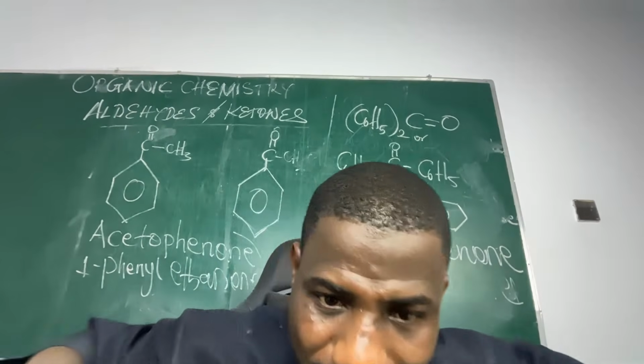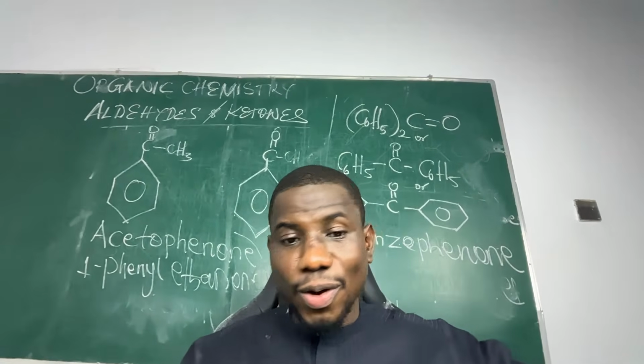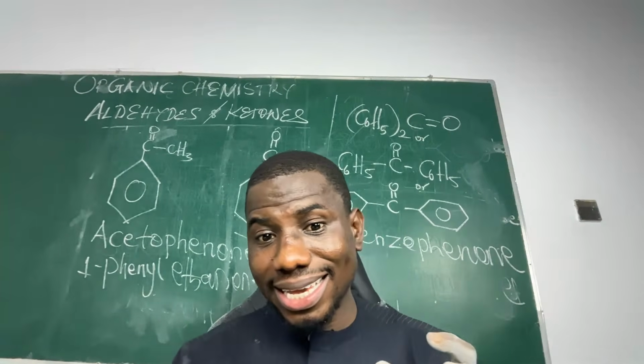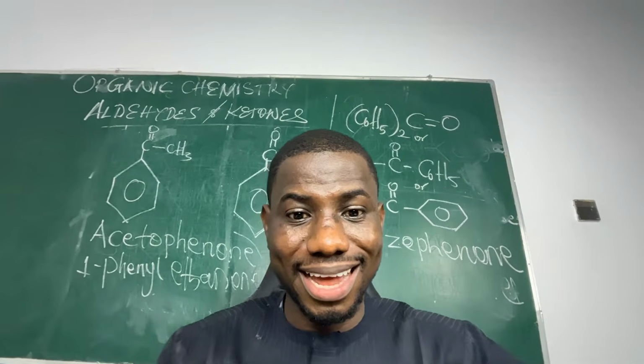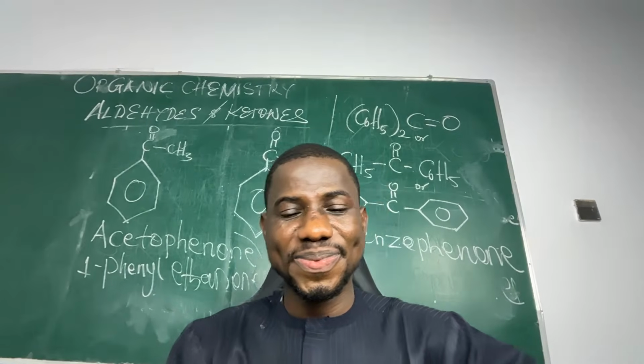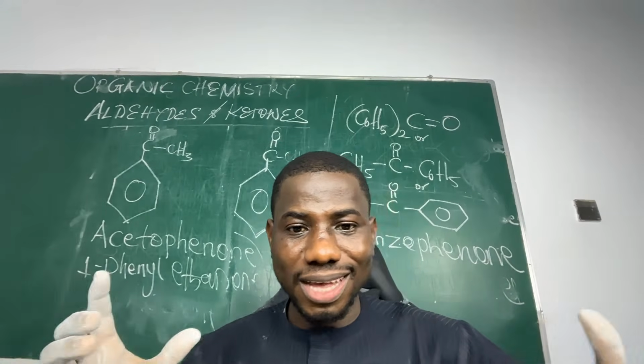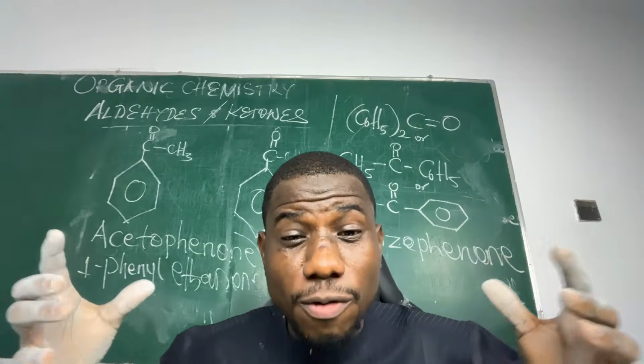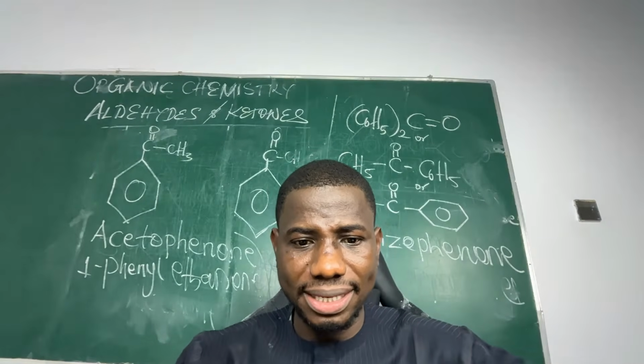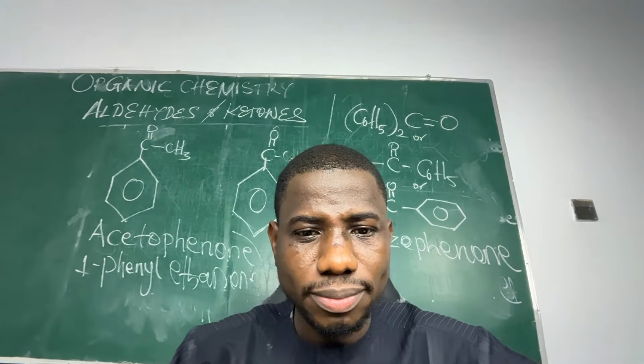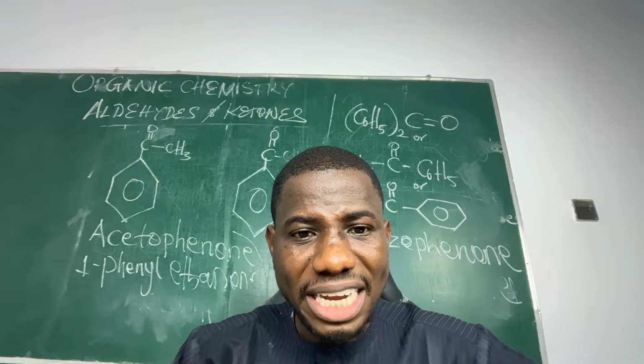Now, hope you know that these aldehydes and ketones are like 2-in-1. But before we move on, I would like you to remember what we said at the beginning of the class.